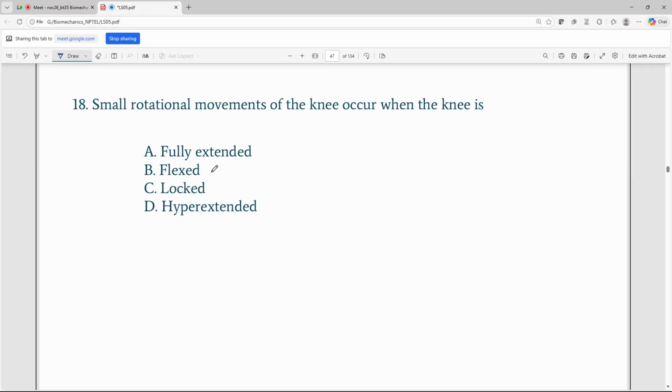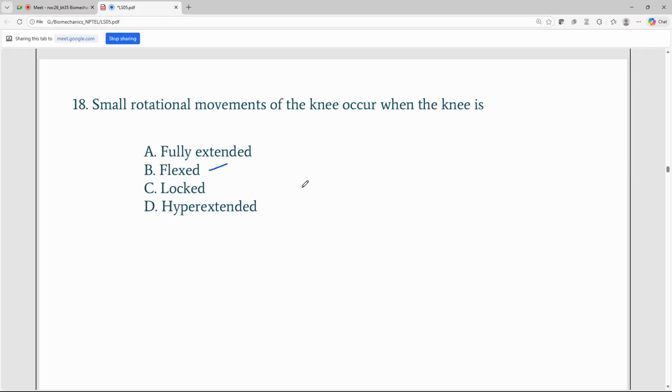Yes, option B. That is the right answer. The small rotational movements of the knee occur when the knee is flexed.